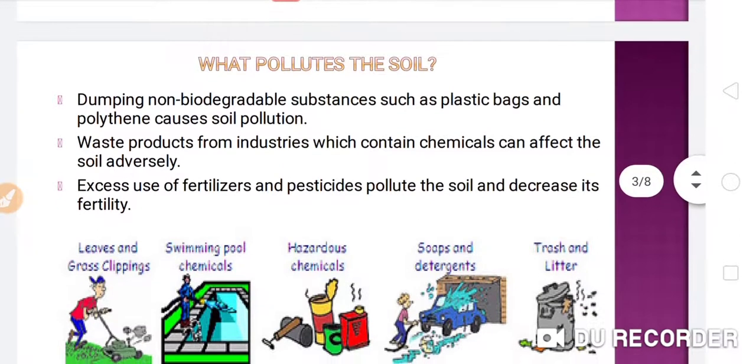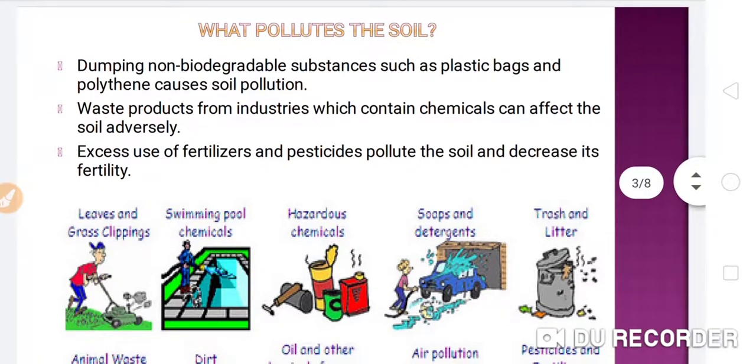Dumping non-biodegradable substances: those things which are not degraded by microorganisms are known as non-biodegradable substances, such as plastic bags and polythene. They are not degraded by microorganisms and cause soil pollution. So these all are causing soil pollution.